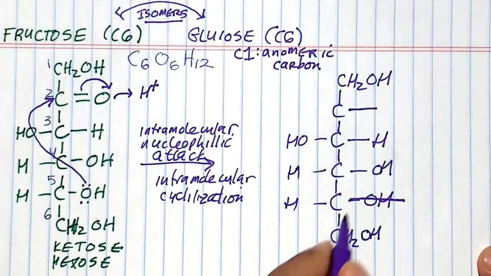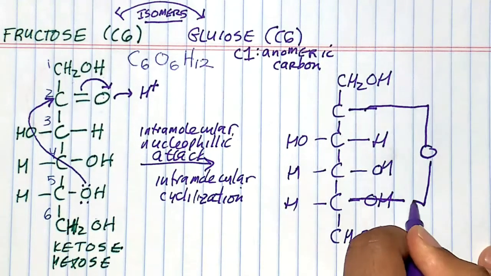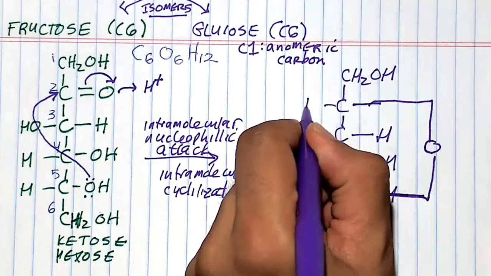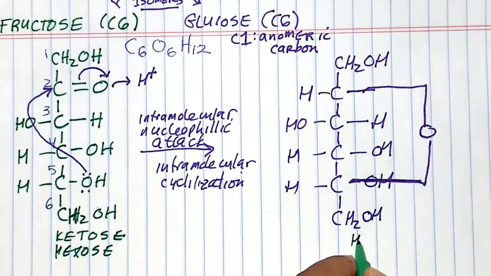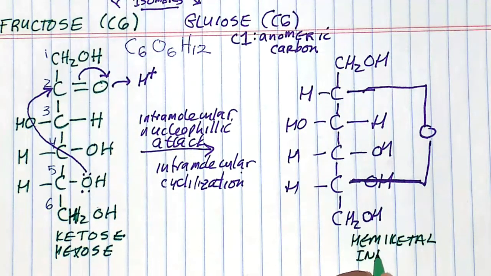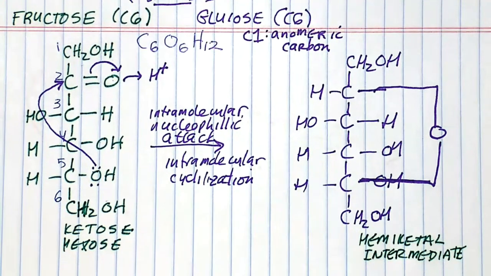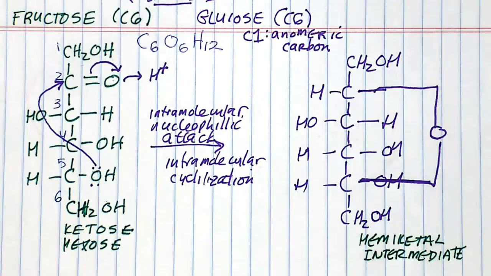And here is our hemi-ketyl intermediate. Much analogous to the hemiacetyl intermediate that we found when glucose undergoes an intramolecular cyclization. So this hemi-ketyl intermediate, we can put it into the Haworth projection.